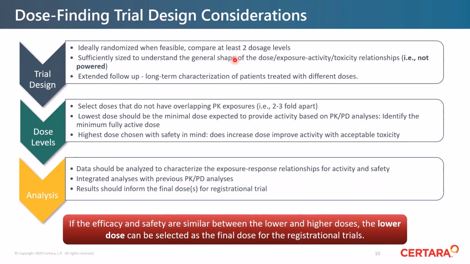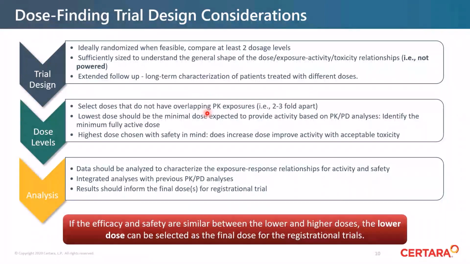Ideally, the dose optimization study should be randomized when feasible, and should include a comparison of at least 2 dosage levels. Cohorts in the study do not need to be statistically powered, but should be sufficiently sized to be informative based on an early understanding of anti-tumor activity.